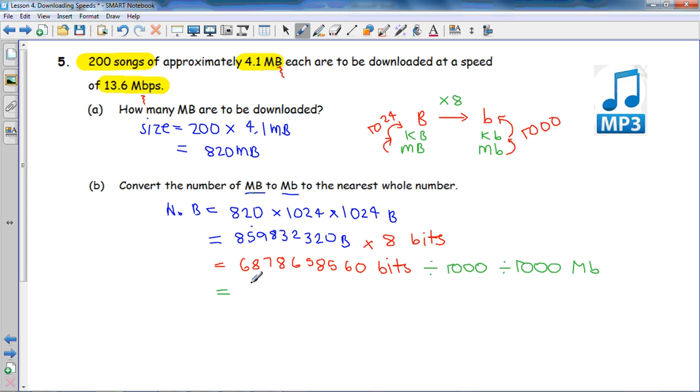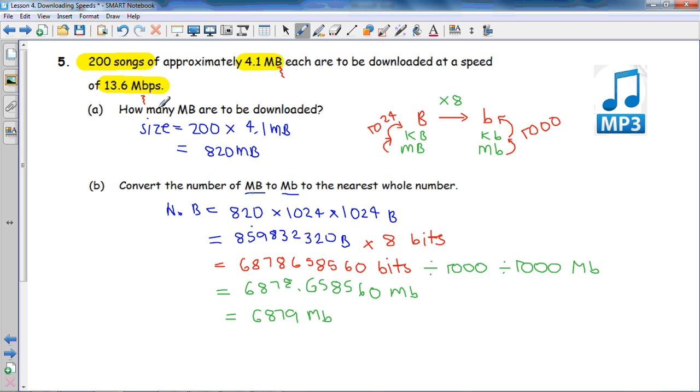So that is 6878.658560 megabits. Now remember it said to the nearest whole number. So just be aware of that. So to the nearest whole number it's 6879 megabits.